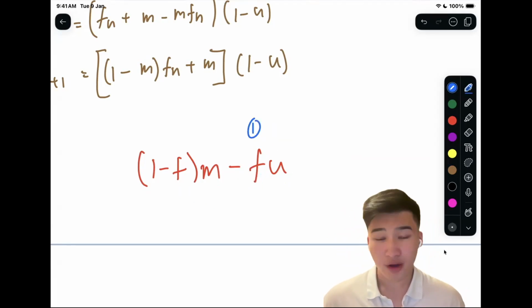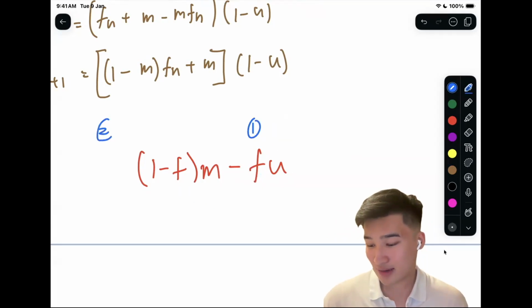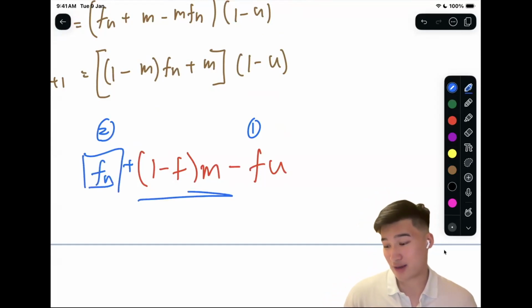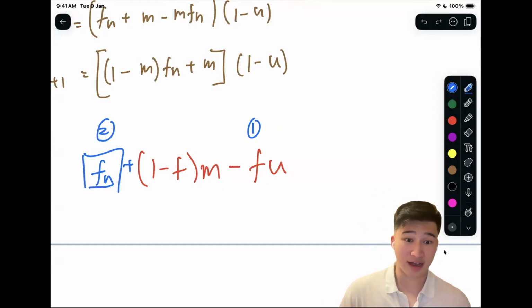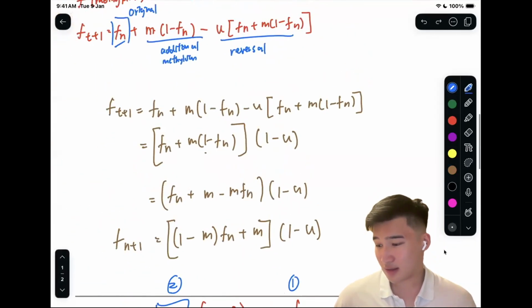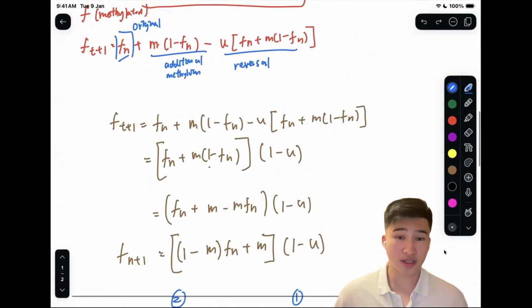That's error number one. And error number two is I literally forgot to add Fn. The reason is I got too carried away figuring out this one and this one, and so I forgot to add Fn, which is the original batch of DNA. So all in all, this is the correct answer for this question.